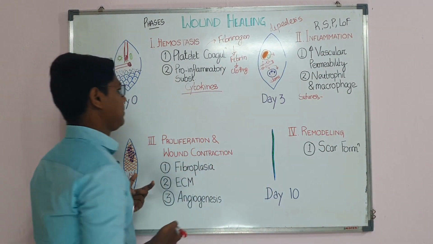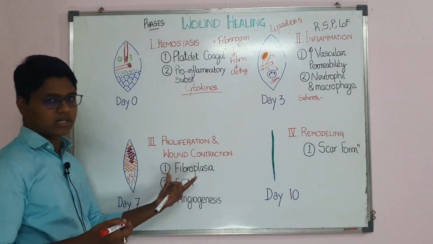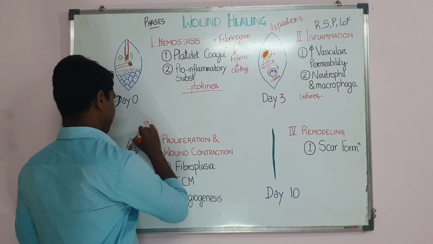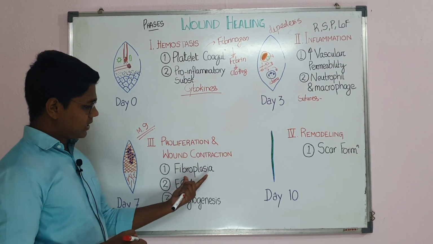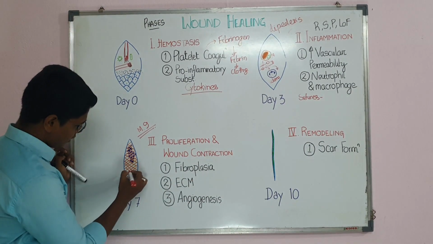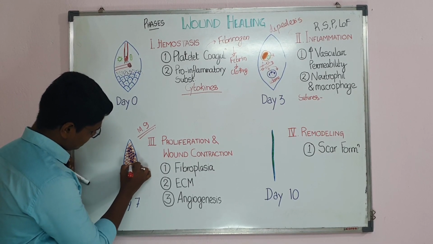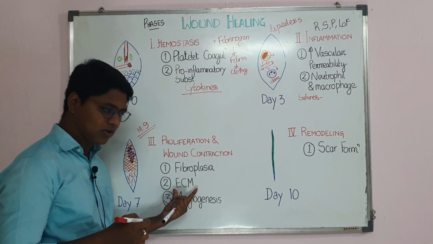After this inflammation stage, there comes the proliferation and wound contraction. This phase is the most important phase in case of wound healing. Proliferation, the main thing is fibroplasia. There will be migration of the fibroblasts. These are fibroblasts, and they will secrete the extracellular matrix.